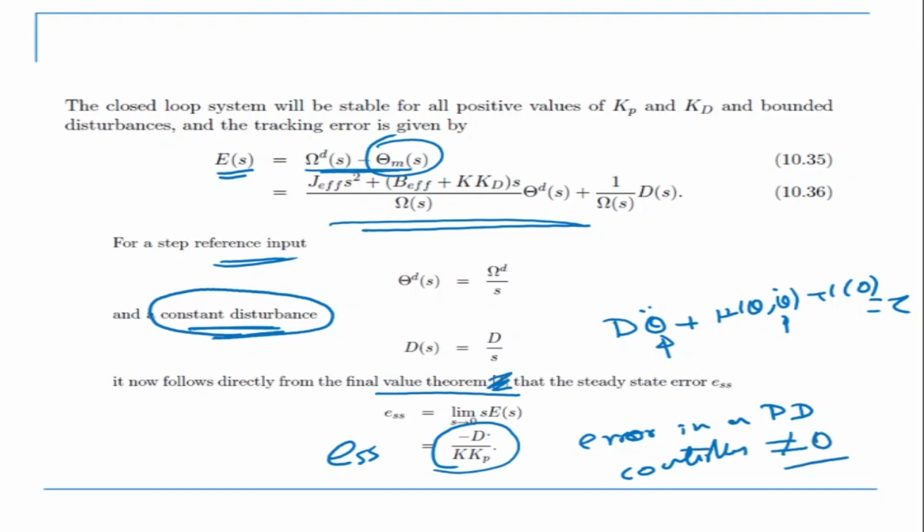The error is going to depend on the dynamics, D, and inversely proportional to Kp, the proportional gain. So if you want less error, you increase Kp. And if you also want less error, then you operate the system slowly, such that the dynamic effects are minimum. Slowly means theta double dot and theta dot are small values.